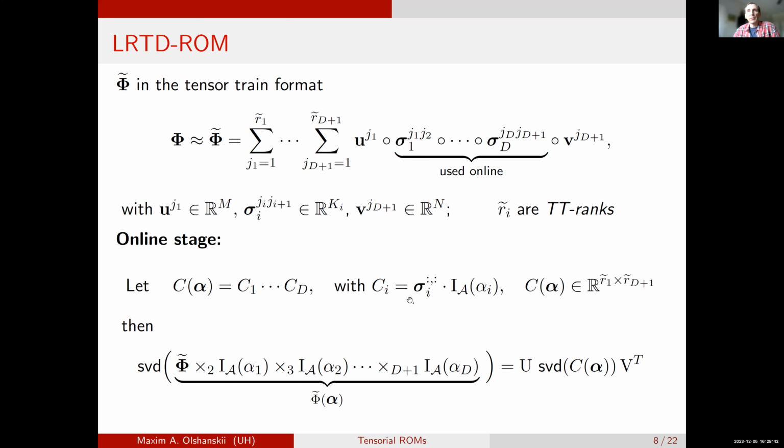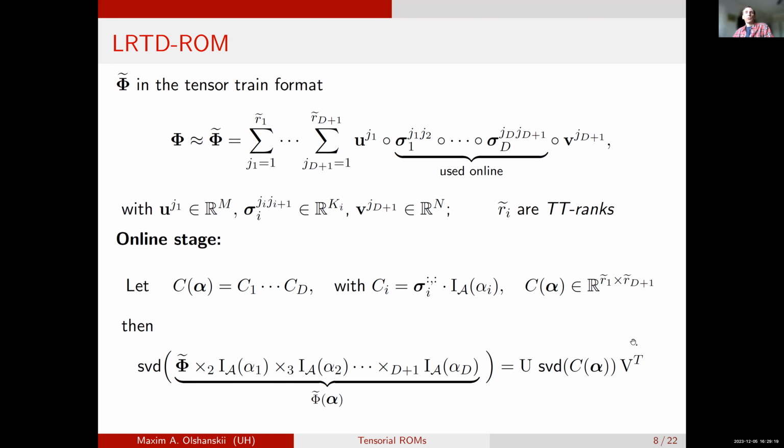Ci is a matrix which is the convolution of each sigma tensor along the second direction with our interpolation vector, which is a sparse vector, with only a few non-zero entries. And the dimension of this matrix is small, the dimensions are tensor ranks. Then we take the product. This is a low dimensional matrix, and this is the result which we need.